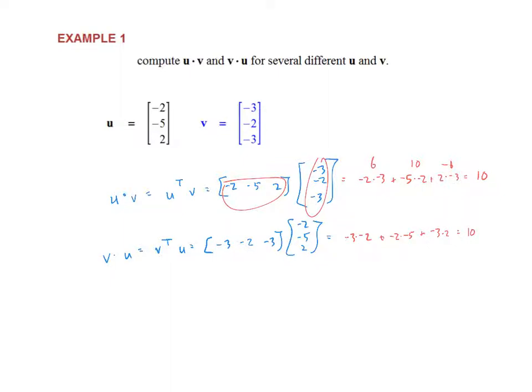So that dot product is commutative. We've said that in the past. Now we're seeing it again, and we're writing it just a tiny bit differently as u transpose times v, just to conceptualize it that way.